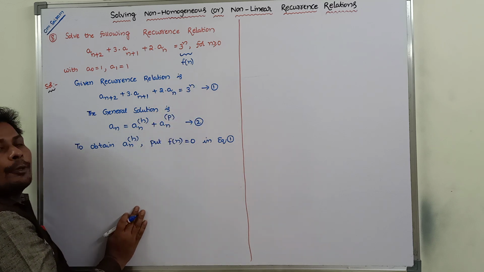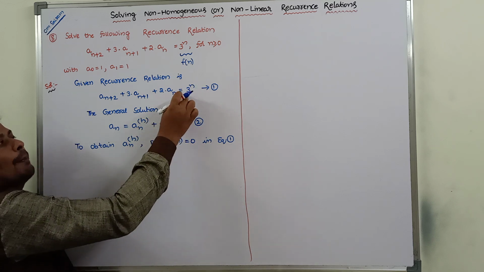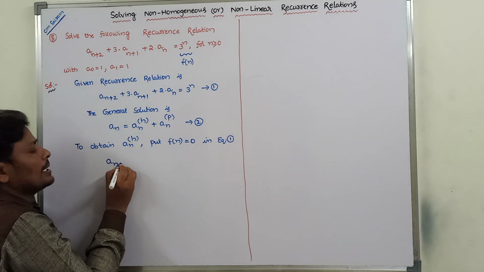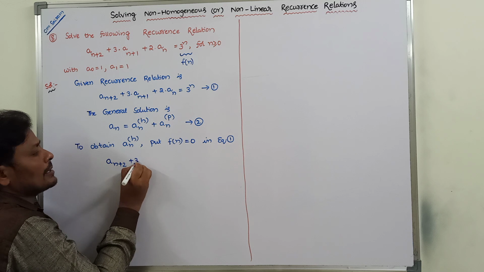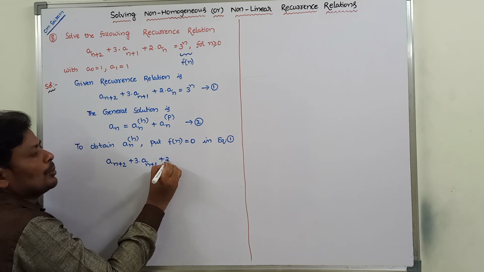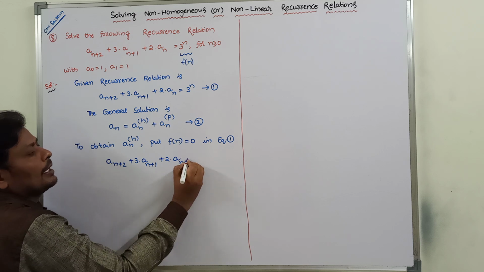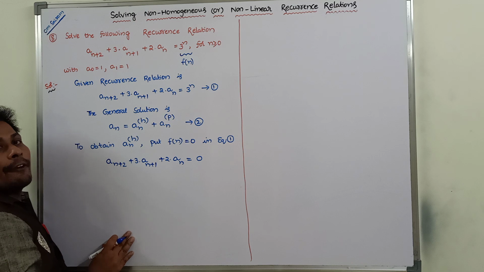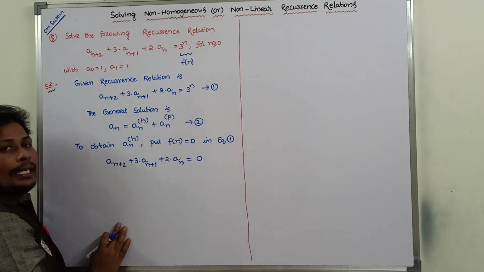Substitute f of n value equal to 0 in the place of 3 power n. So that is what we are getting: a suffix n plus 2 plus 3 into a suffix n plus 1 plus 2 into a suffix n is equal to 0. Here we are substituting value 0 in the place of f of n, that is 3 power n.